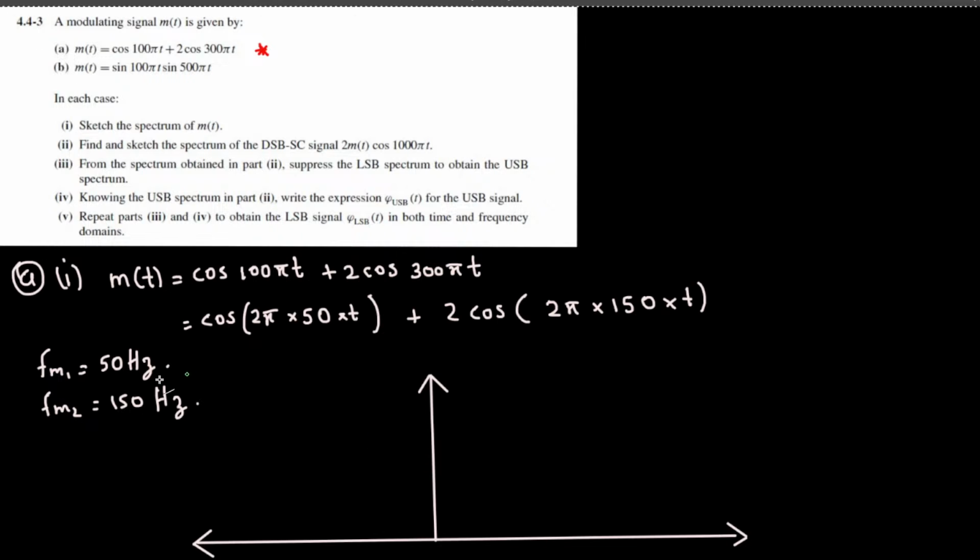Here we have 50 hertz, and the height is going to be half of the amplitude, since this is 1 amplitude, so half here. The next one is 150, and the height of this one is going to be 1.